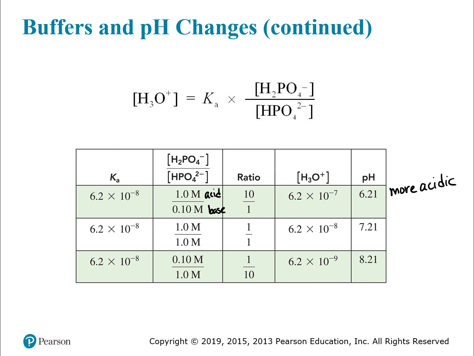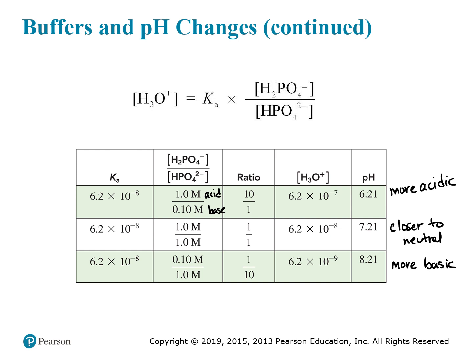If they're equal, then you're going to be closer to neutral, because you've got about equal amounts of hydronium and hydroxide. However, if you have more of the conjugate base than you do the acid, then it's going to be more basic.